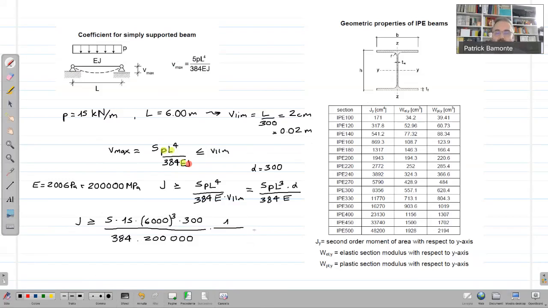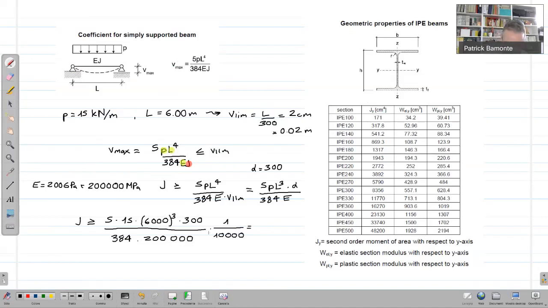Clearly, since 1 centimeter is 10 millimeters, then 1 centimeter to the power of 4 is basically 10,000 millimeters to the power of 4. So in order to get a result which is consistent, you have to divide by 10,000. And you will get the result exactly in centimeters to the power of 4.